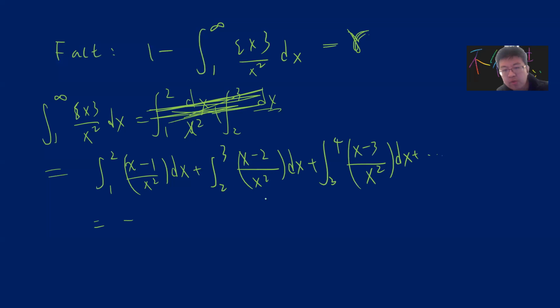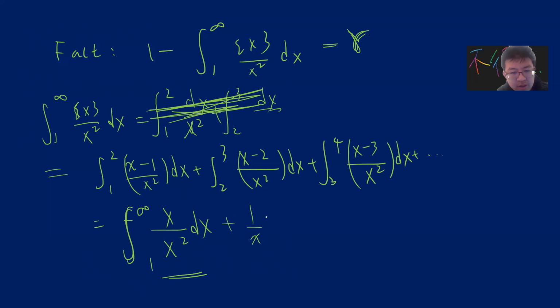So you can see that if you combine all the x terms, you get something like the integral of 1 over x, from 1 to infinity. So this term will blow up, but you don't need to worry because there's a minus sign for each term. For these terms, you get plus 1 over x, from 2 to 1, and plus 2 over x from 3 to 2, and 3 over x from 4 to 3.